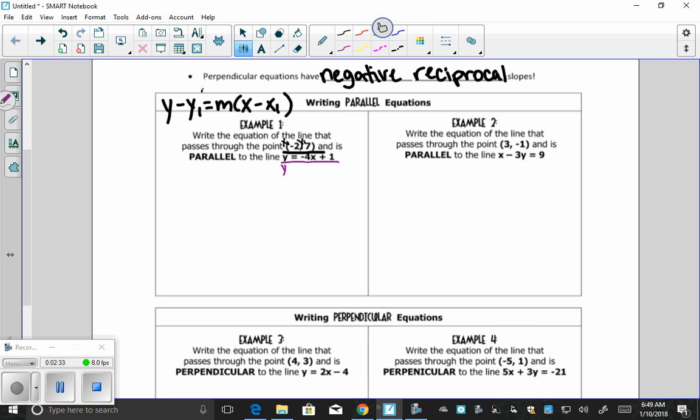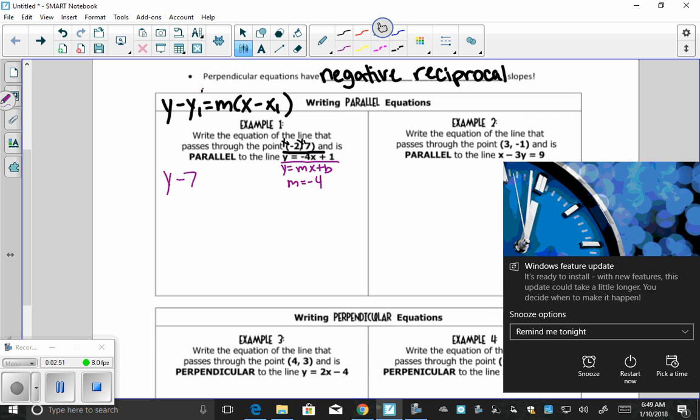So here, it's in y equals mx plus b, so my slope is -4. So now I have everything I need. So I'm just going to plug it into my equation. I have y minus 7 equals -4 parentheses x minus -2.